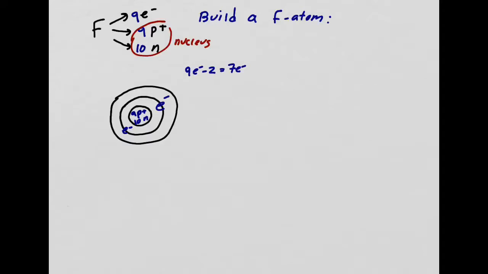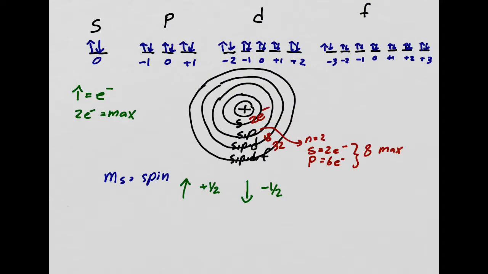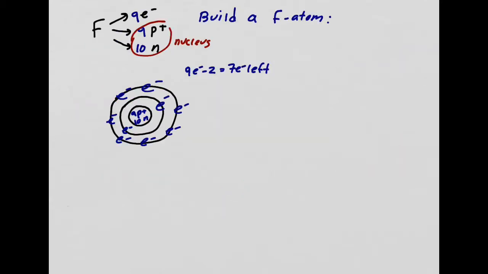I have 7 electrons left. I'm going to go to the next energy level. I'm going to put 1, 2, 3, 4, 5, 6, 7 there. And I can do that because what's the max I can put in the second level? Remember, second level, the max is 8. All I needed was the max. All I really needed was 7.